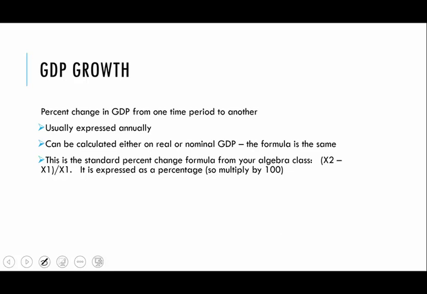So GDP growth can be calculated on either real or nominal. The formula is absolutely the same. Any percent change formula is the same. And in terms of gross domestic product, we usually express it annually. So GDP growth would be from 2017 to 2018, or 2018 to 2019, or 1950 to 1951. That's usually how we express it.